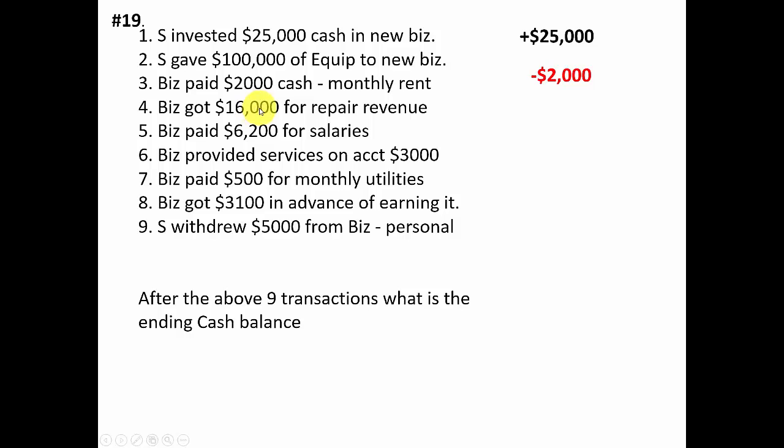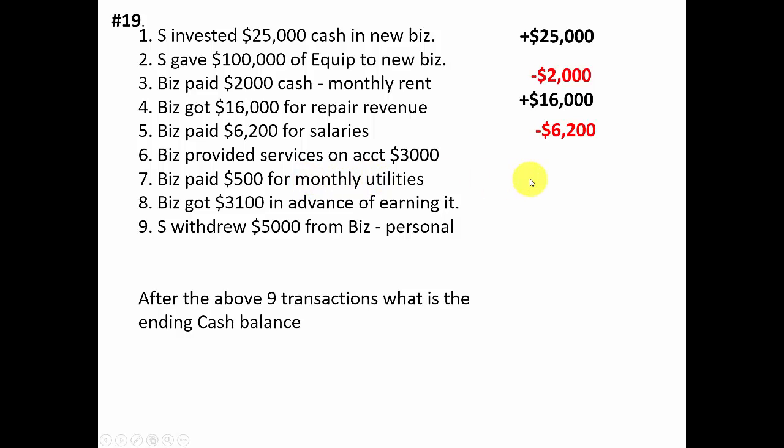We got $16,000 for repair revenue. That should increase cash by $16,000. We paid $6,200 for salaries. That should decrease cash by $6,200. Provided services on account for $3,000. That had no effect on cash. Paid $500 for monthly utilities.